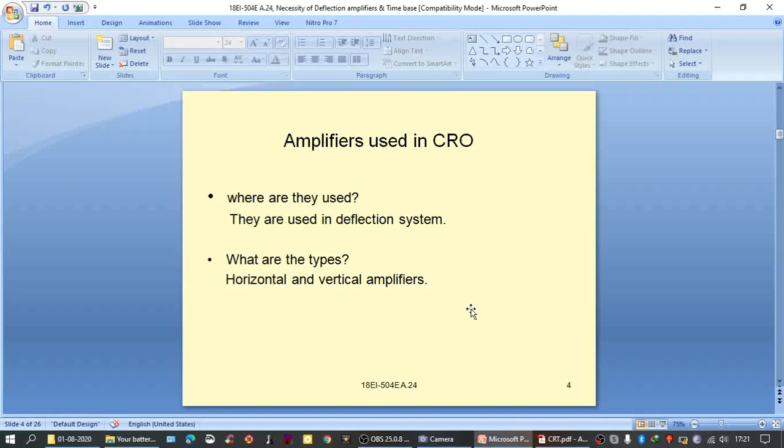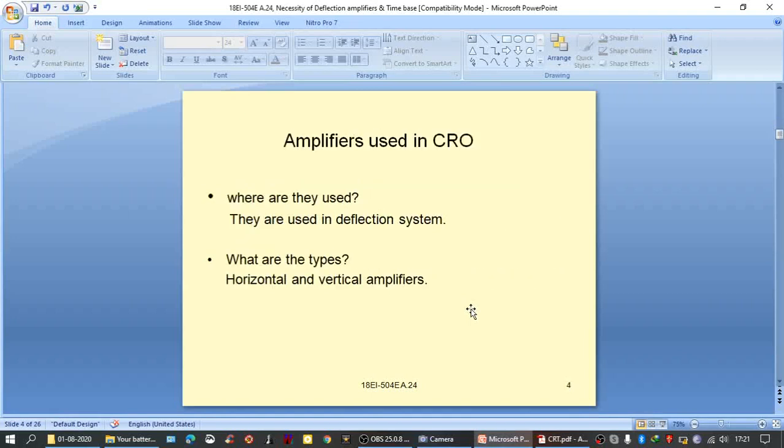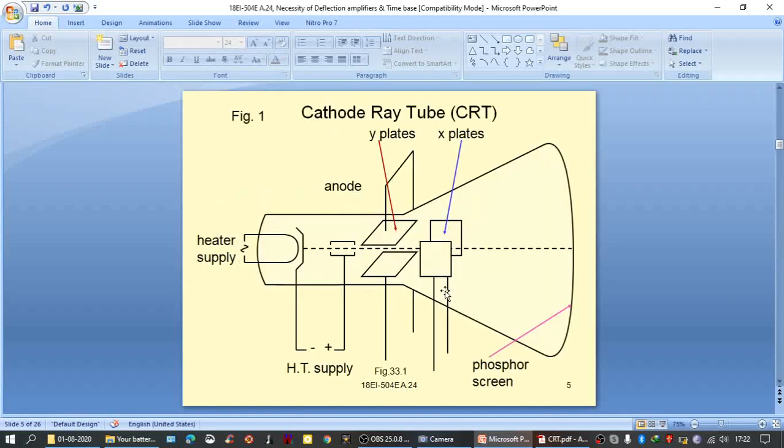Now, here, amplifiers used in CRO are meant for deflecting the electron beam, and there are two types of amplifiers. One is called the horizontal amplifier, the other one is called the vertical amplifier.